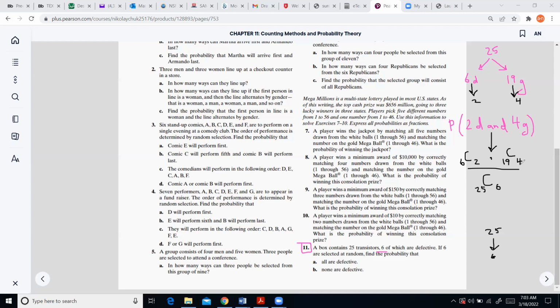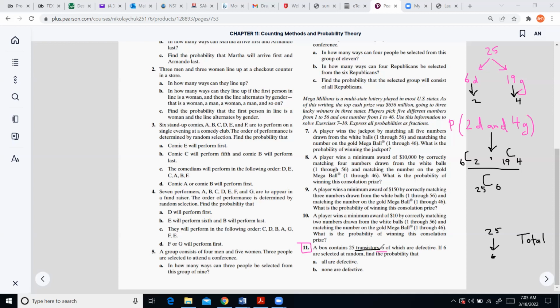The probability is a fraction, so in the denominator we get the total. Notice that our total did not really care about the order in which we select those transistors. So we just get some defectives and some not defectives, and that's why we use combinations, because we didn't order.